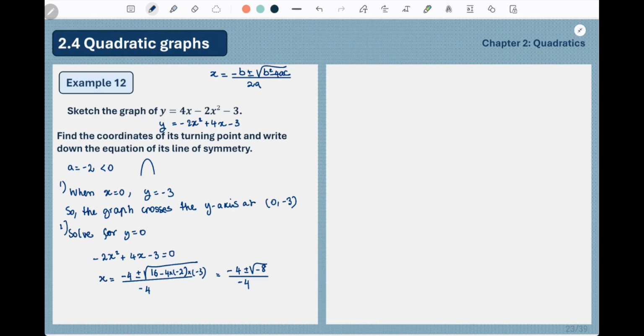This is correct if the number under the root is more than 0, but in this case, minus 8 is a negative number. That's why there are no solutions for y equals 0. Or to be specific, there are no real solutions, because in advanced mathematics, if we're talking about another space, which is the imaginary numbers, there is a solution.